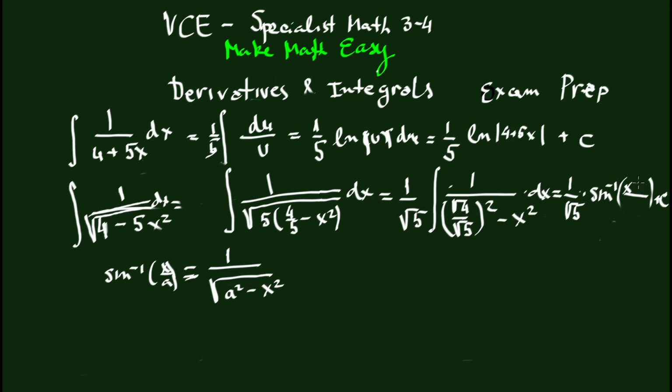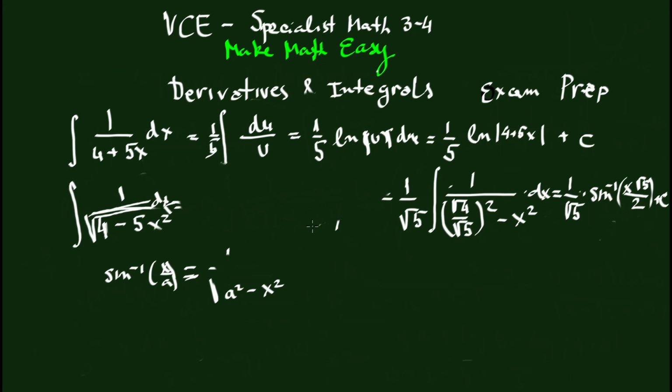So it's x times square root of 5 divided by 2. And let's do one more.